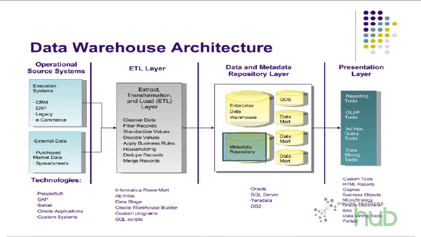And then we have a repository. If we have n number of records and you want to read those records, you have to have a way to read them. That's where metadata comes into the picture. Metadata means data about data. In simple terms, for example, name and address, 2 columns.